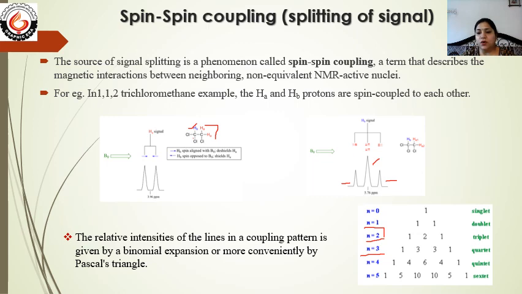It always depends upon the number of neighboring hydrogens, and this splitting and the intensity of the split signals can be easily explained by the Pascal triangle. So this is spin-spin coupling. That means neighboring hydrogens also influence the signal, and if there is some hydrogen present on the neighboring group, splitting occurs.